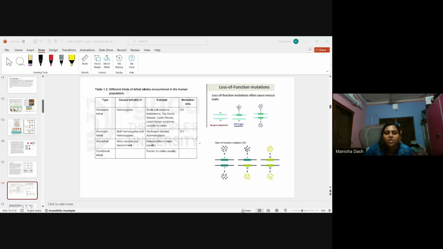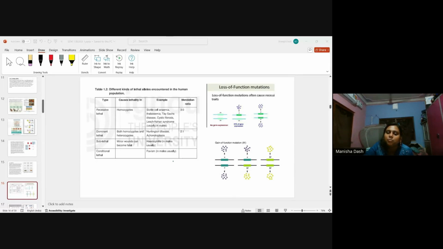So why will some cases be dominant? When there is a gain of function mutation, this is the normal gene product. If one allele is mutated, the mutant effect can still be seen along with the normal one.